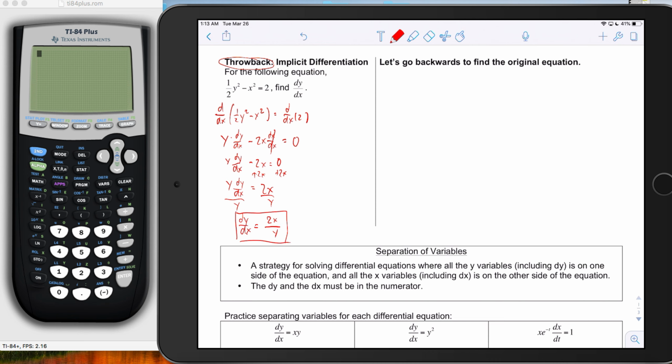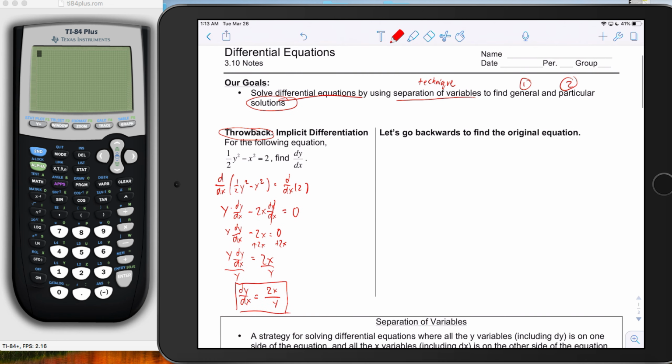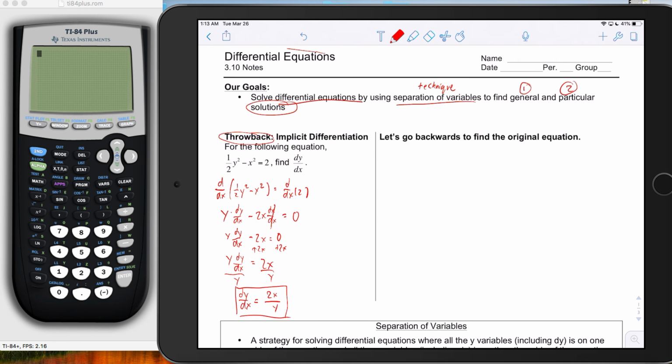Yay, fairly simple. So what differential equations is all about is starting from this point, dy/dx, and going backwards, solving it to go back to the original problem. That's our goal today.